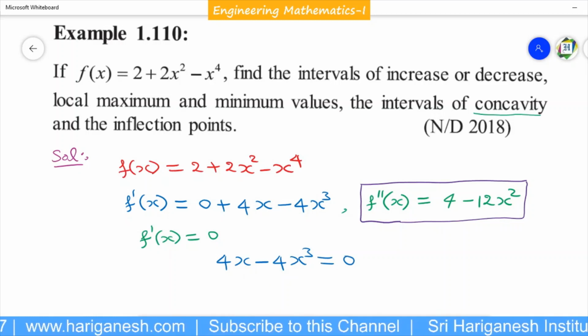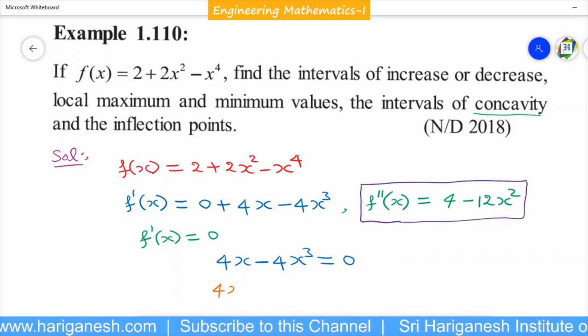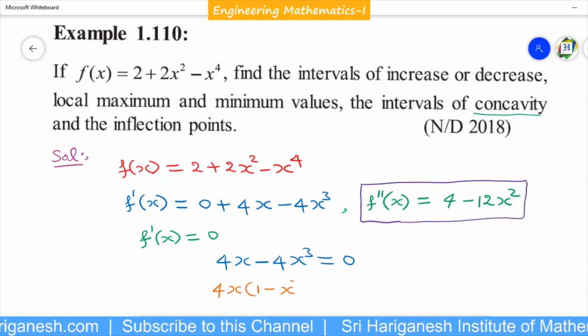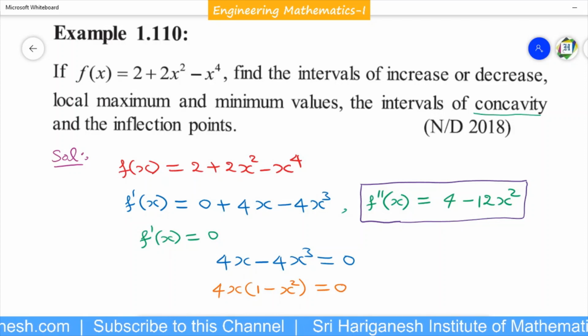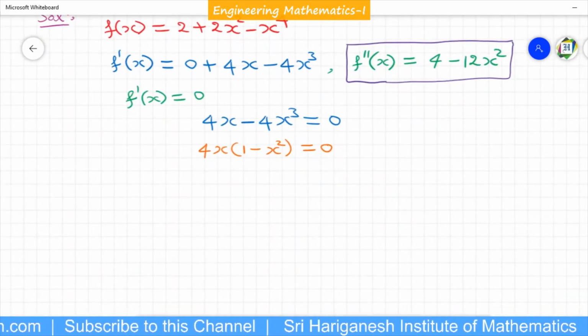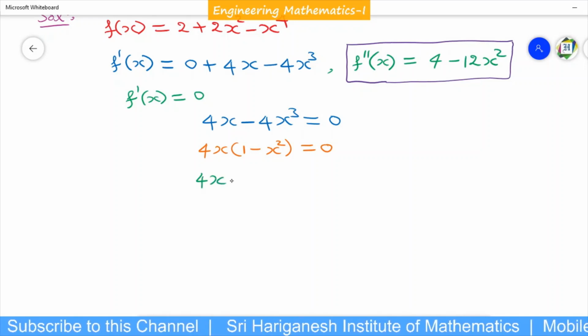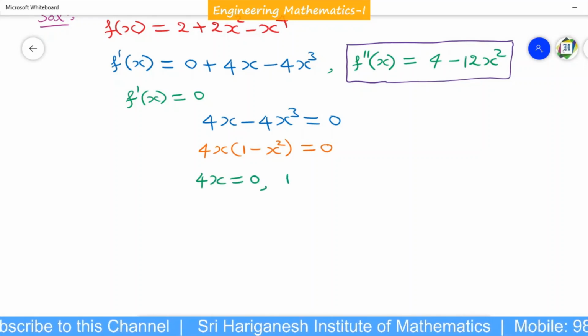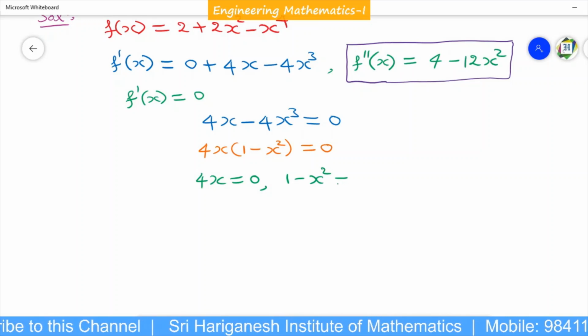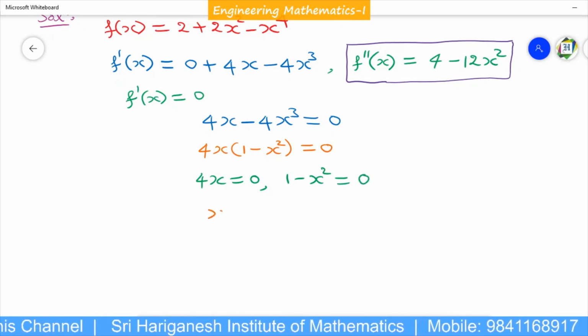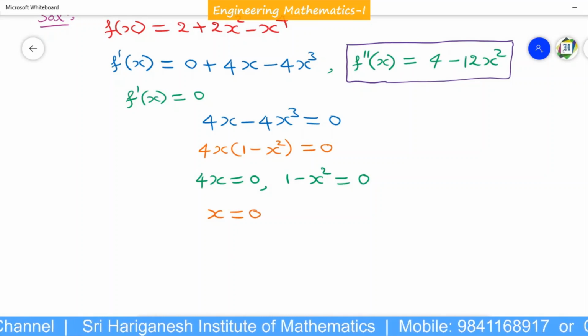So now take a common term outside. 4x can be taken outside, so remaining 1 minus x square is equal to 0. Okay, and then equating 4x to 0 and 1 minus x square equal to 0. So from this x is equal to 0. So this is one of the critical numbers.